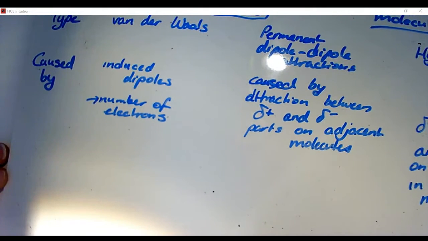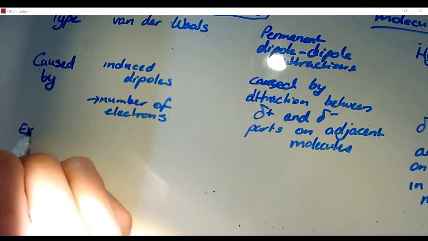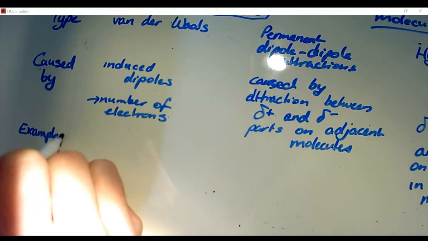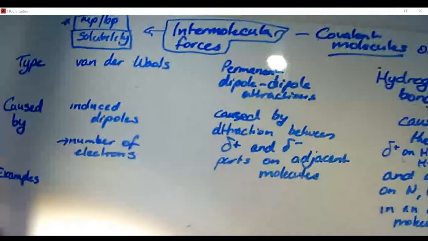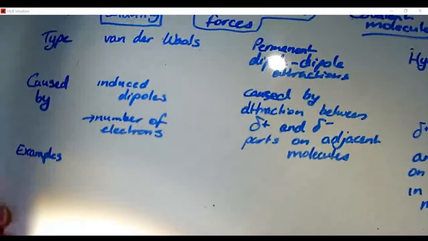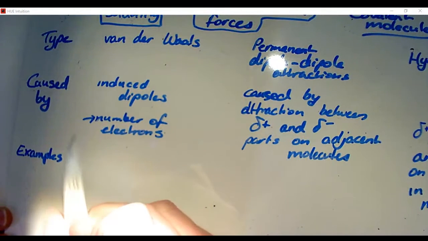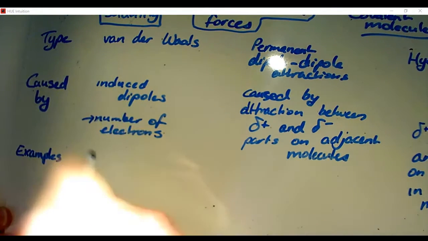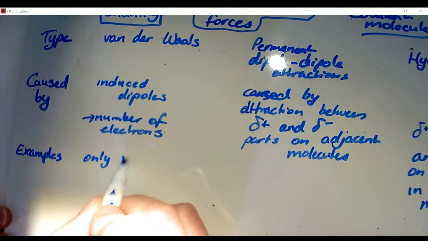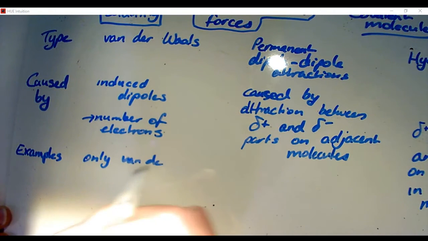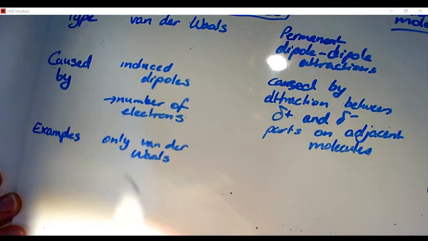Now let's have a look at examples of where you will get each of these intermolecular forces set up. Right now, can I just say that substances with only van der Waals are non-polar.